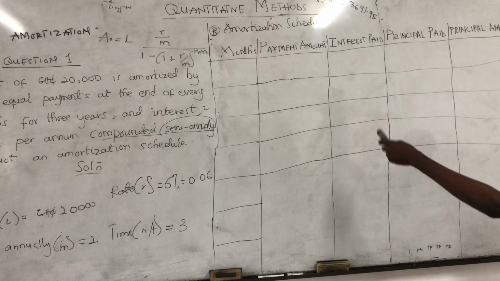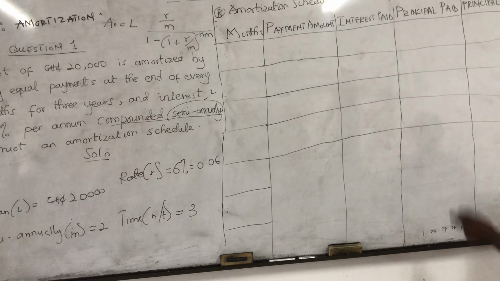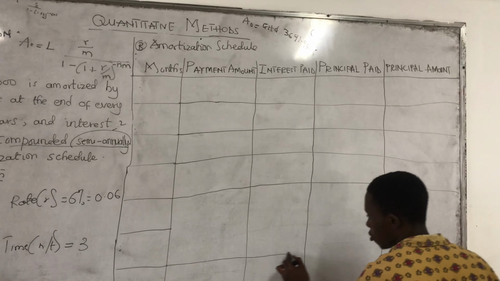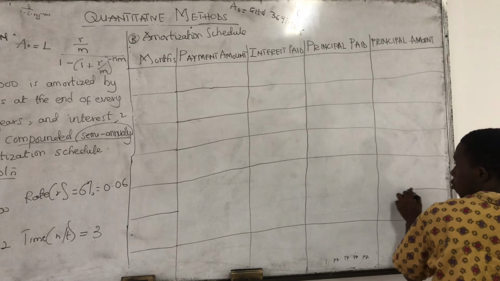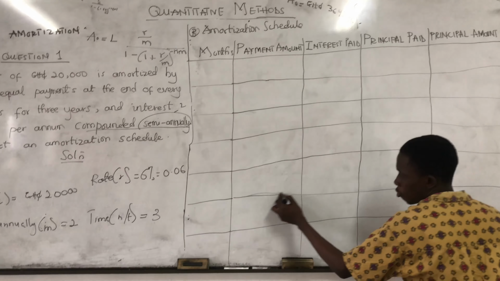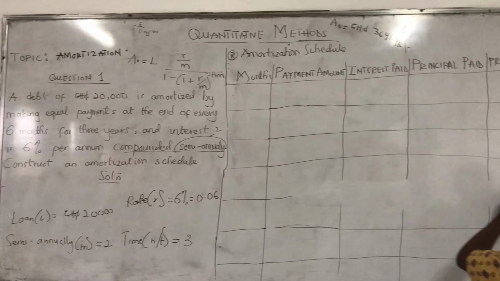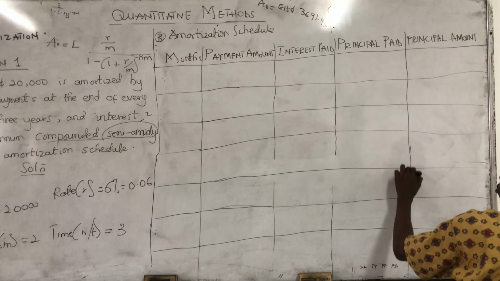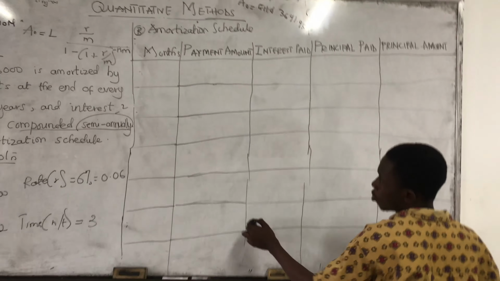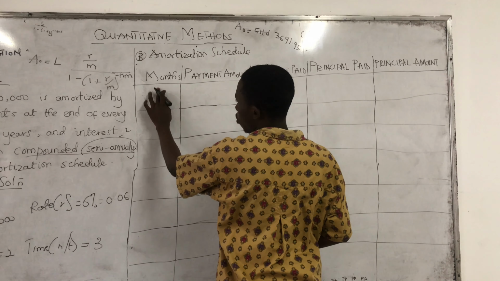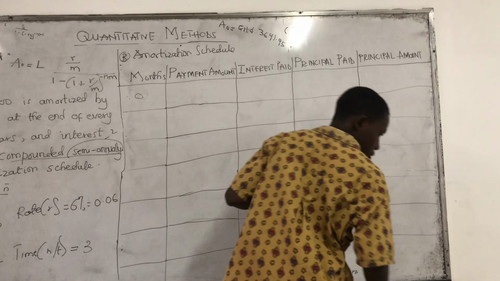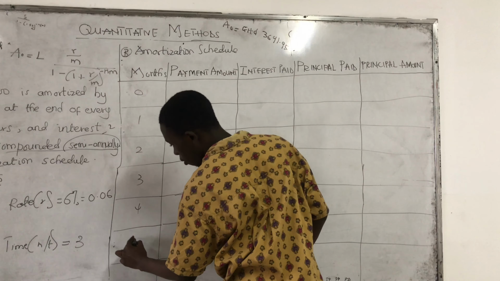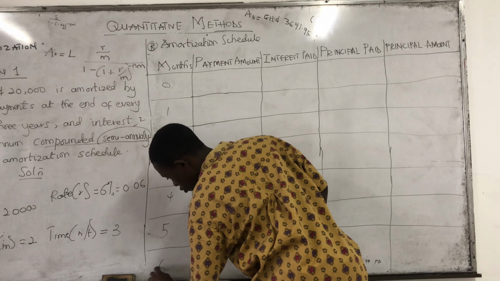There is actually a format you are supposed to learn: months, payment amount, interest paid, principal paid, principal amount. For the months, we always start from 0, then 1, 2, 3, 4, 5, 6.